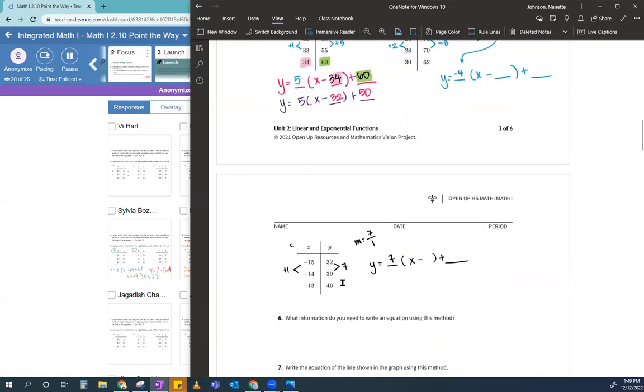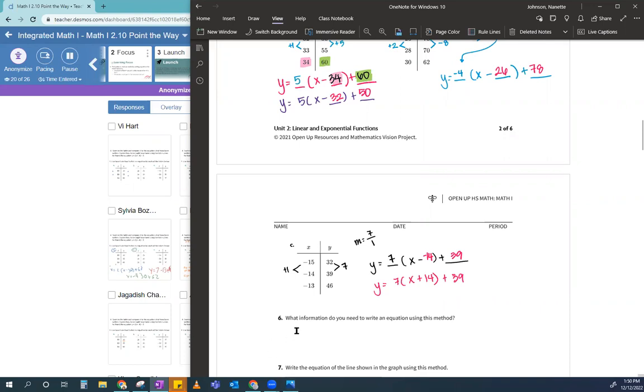Someone says the middle one, Miss Johnson, you haven't used the middle one yet. That's fine. So I'll go -14 and 39. And then I'll clean this up a little bit because x minus -14 is a little bit sloppy. So I'll go with y equals 7 parentheses x plus 14 plus 39. Does that make sense?